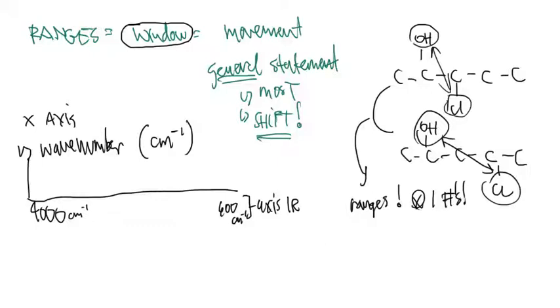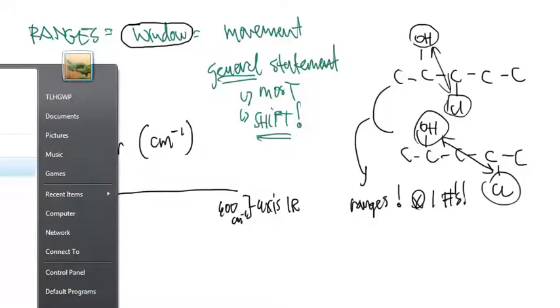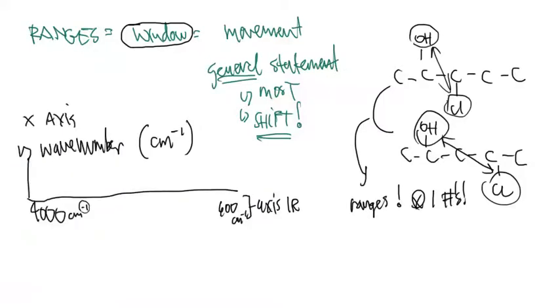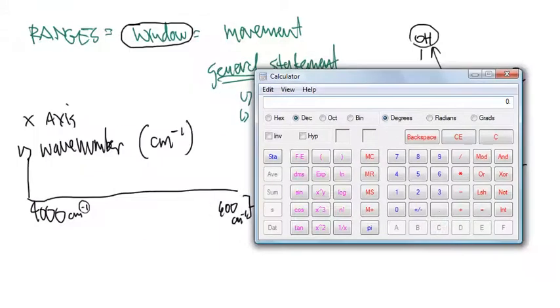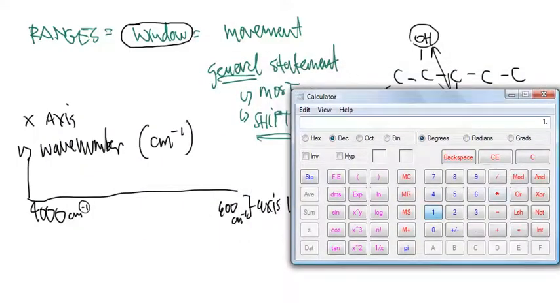This -1 basically means kind of inverse. So what that means is that if I take a calculator and I do 1 over 4,000, I see 0.00025.